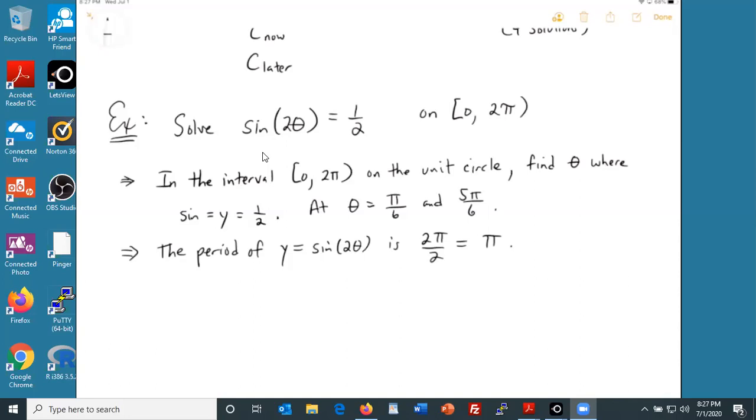That means in the graph or on the unit circle, you will go around twice. So you will have not 2 solutions, but 4 solutions, because you're going around the circle twice, and those 2 values we just picked out are going to get hit twice. Okay, they get hit twice.